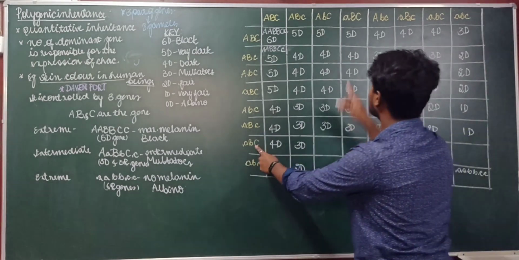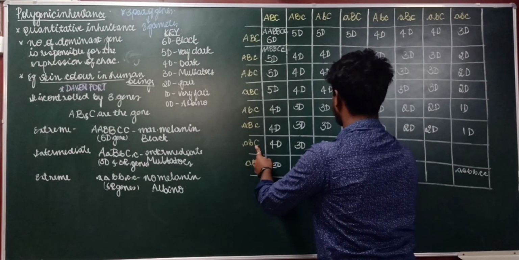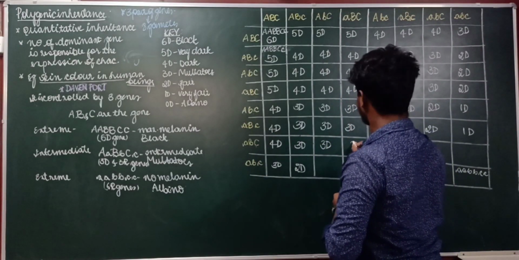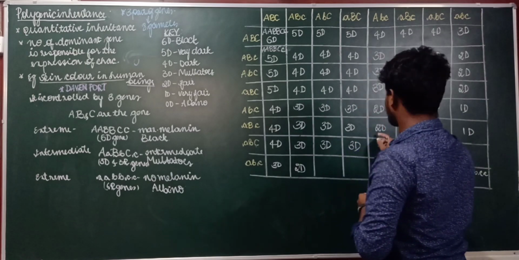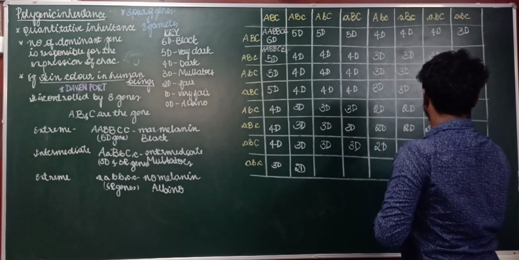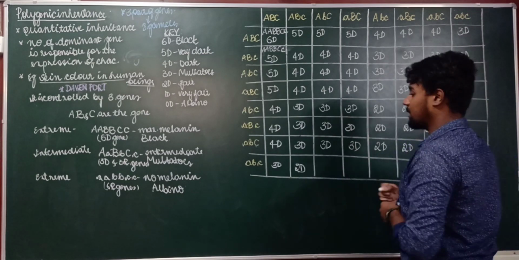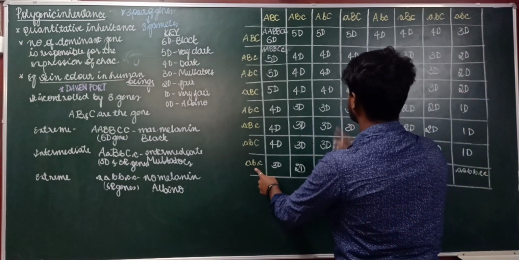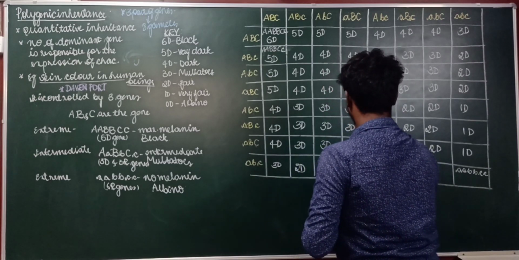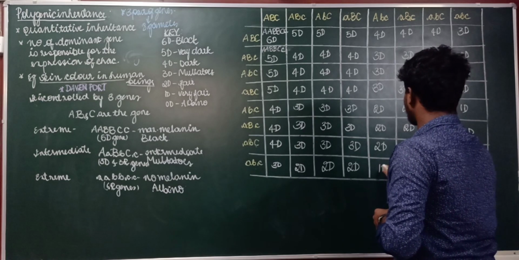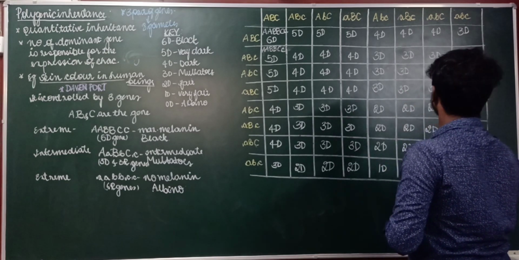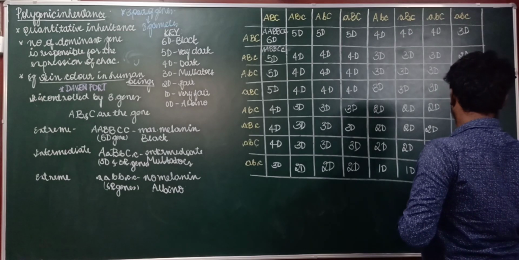Here also it is 1 plus 2, 3 dominant genes, 1 plus 2, 1 plus 2 it is 3 dominant again, 1 plus 1 it is 2, here also it is 2, here also it is 2, and here it is 1 dominant. Here there are no dominant genes, you should write just 2. 2 dominant genes, 2 dominant, 1 dominant, and here also 1 dominant, here also it is 1 dominant, and here it is 0 dominant.